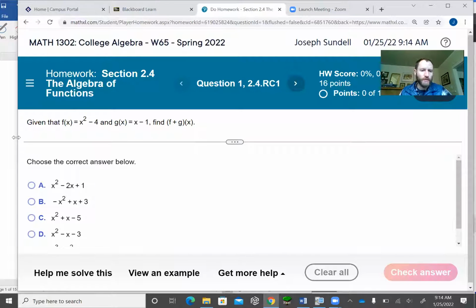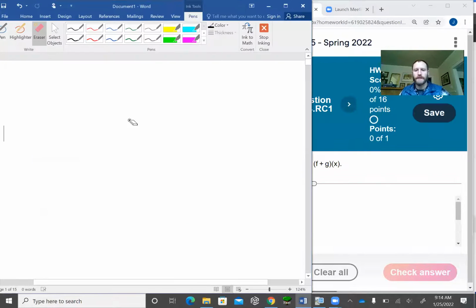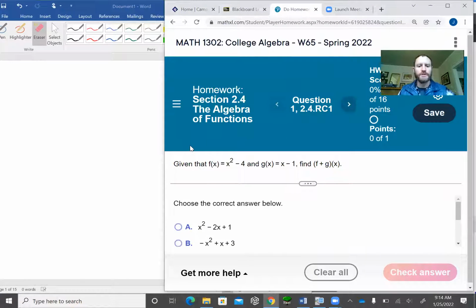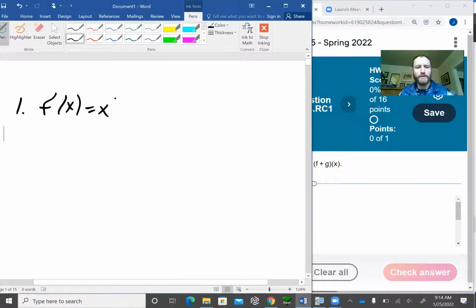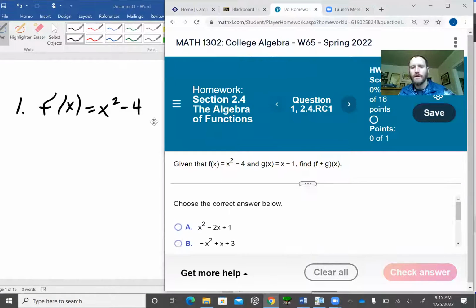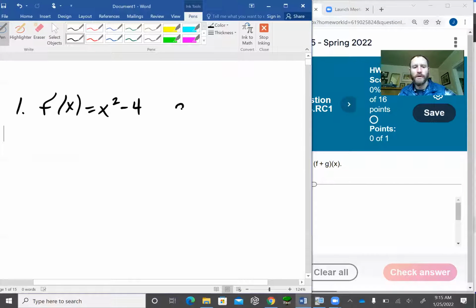So I've got these two formulas. Let's do it like that. So I've got this formula for f of x, which is x squared minus 4. And g of x is x minus 1.